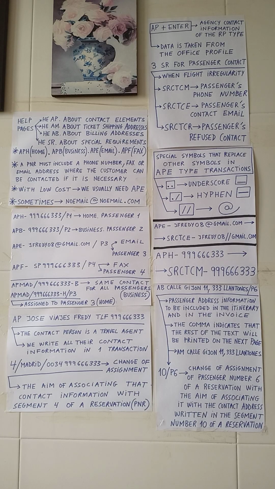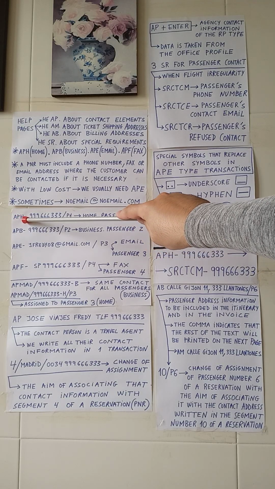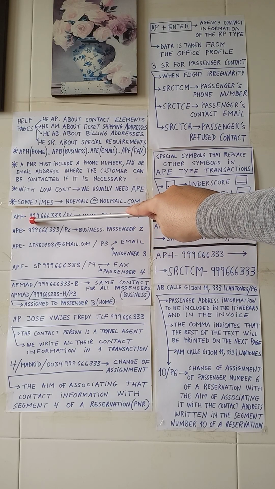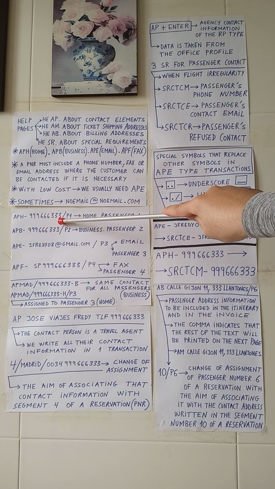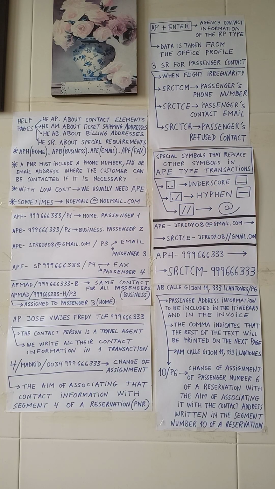Now I will explain some examples of transactions that can be carried out using the AP code. The first one is APH space 999666333/P1, which allows you to enter the contact phone number of passenger number 1 of a reservation.